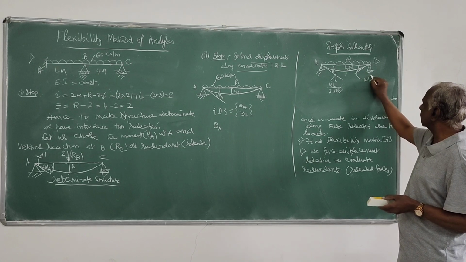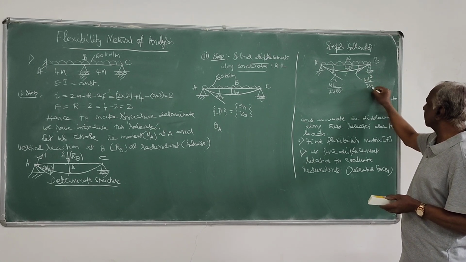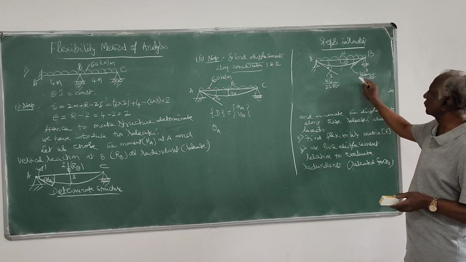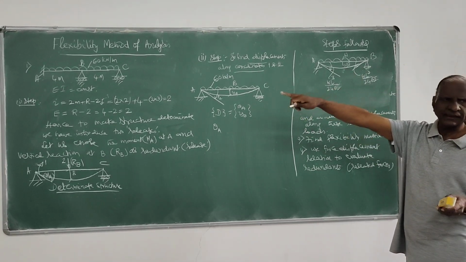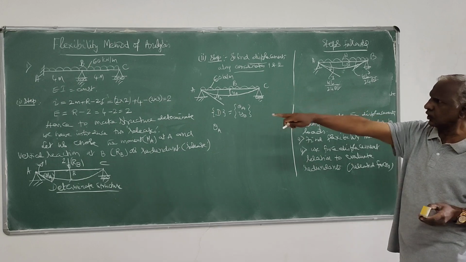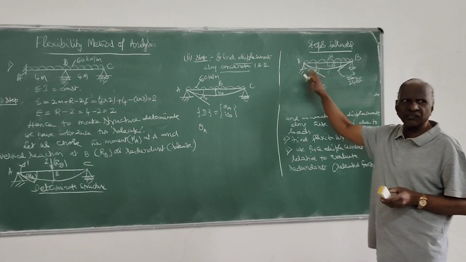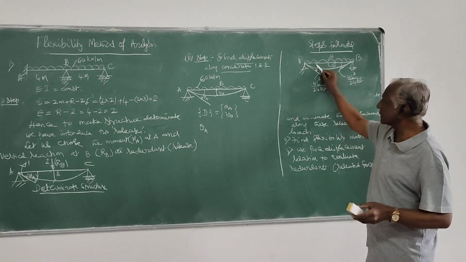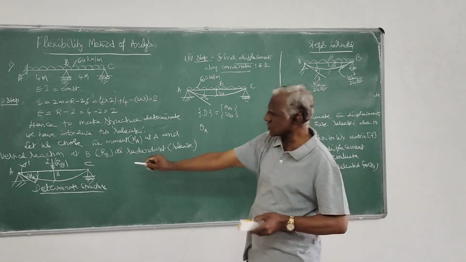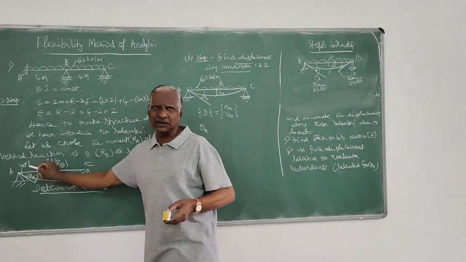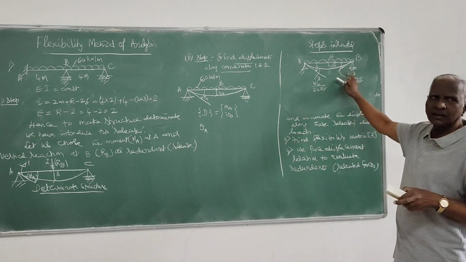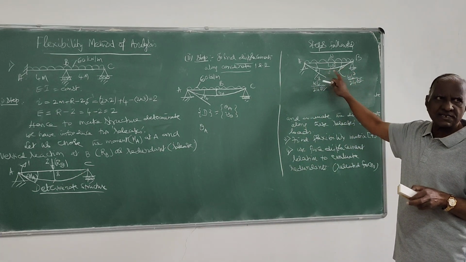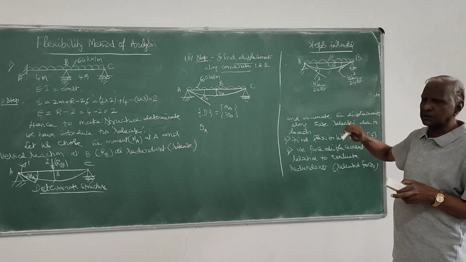This is also WL cube by 24 EI. Of course, this is negative and this is positive. While taking the sign of the coordinate, I will take it in this fashion itself. Here it is clockwise, so here also I have taken clockwise, to make sure the coordinate direction chosen is consistent with this displacement.